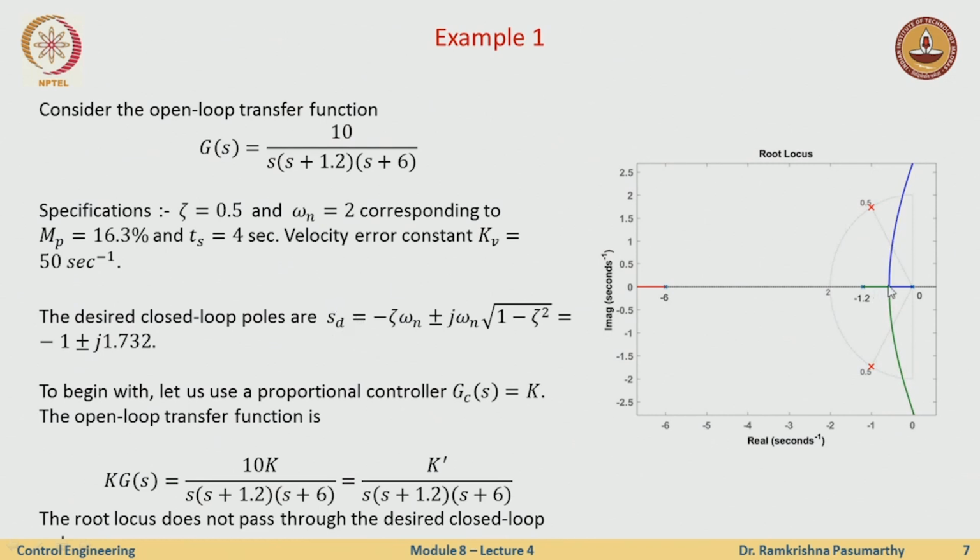If I move along these lines, I see that s_d does not lie on the root locus, and therefore a mere gain adjustment would not suffice. The root locus does not pass through the desired closed loop poles when I am just using a proportional controller.